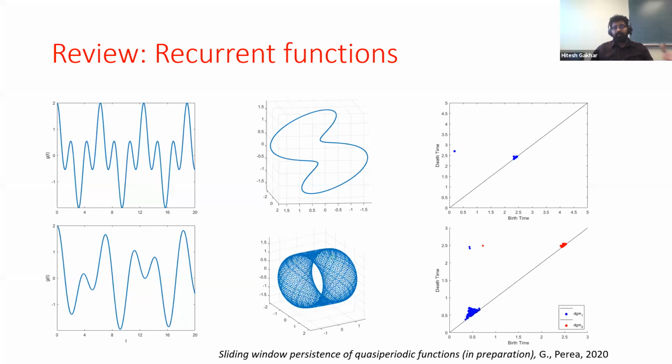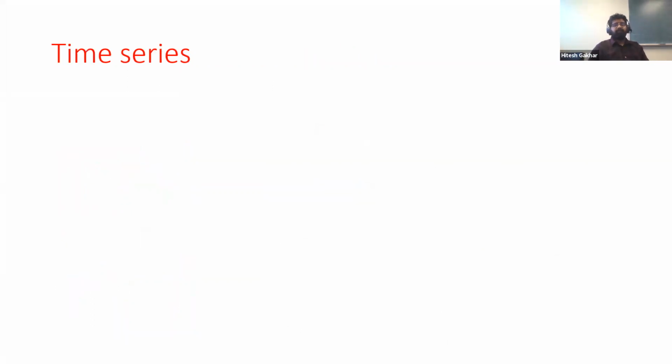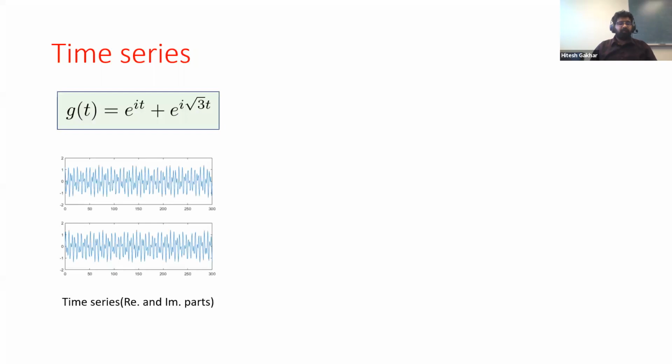We saw that periodicity was associated to a circular trajectory on a torus, and quasi-periodicity was associated to a dense toroidal trajectory on a torus, on a two-torus at least, for the purpose of our examples.